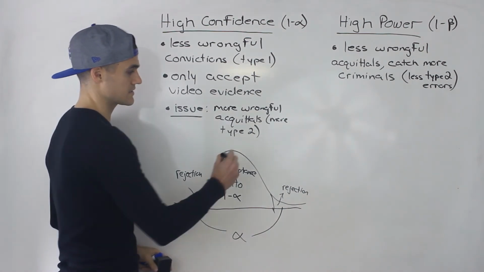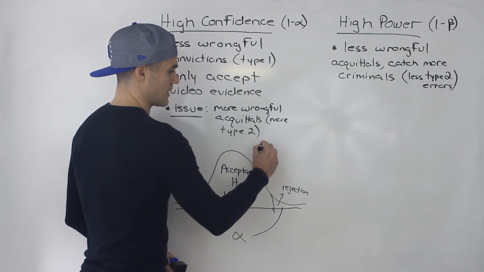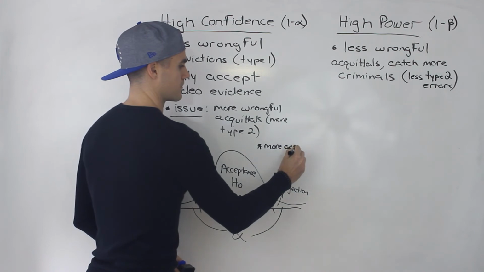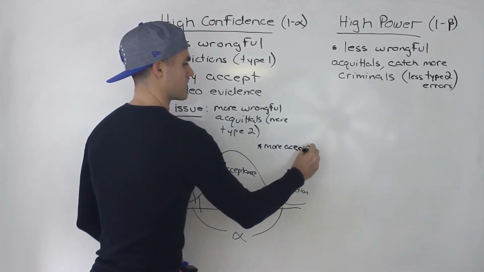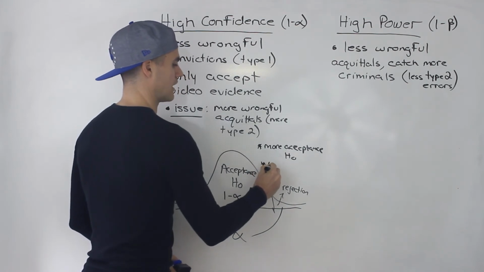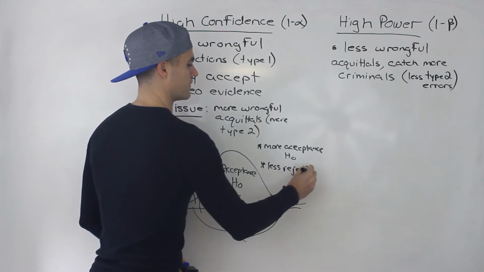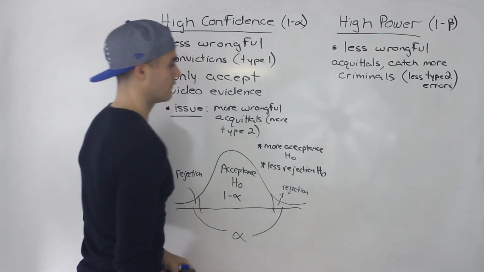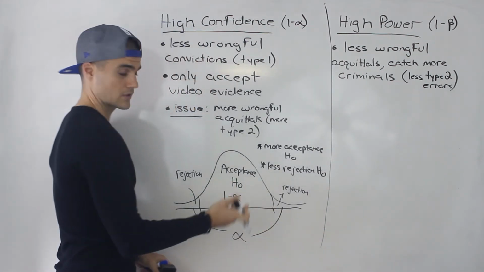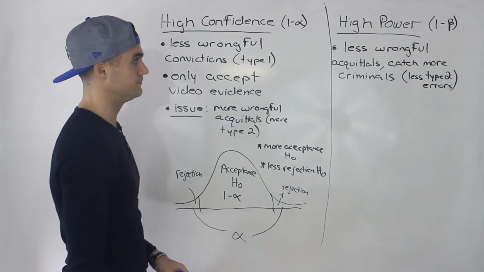And so in this kind of scenario, we just have more acceptance of that null, less rejection of that null, right?